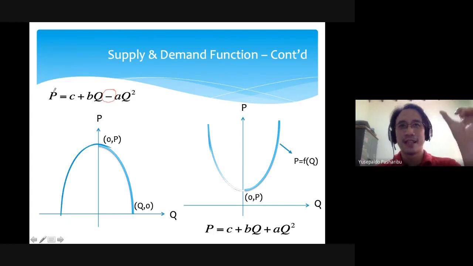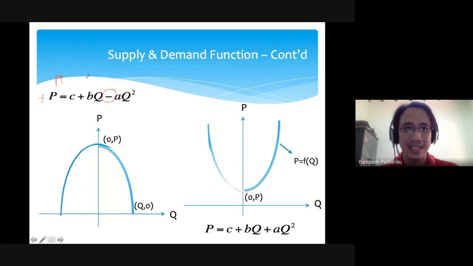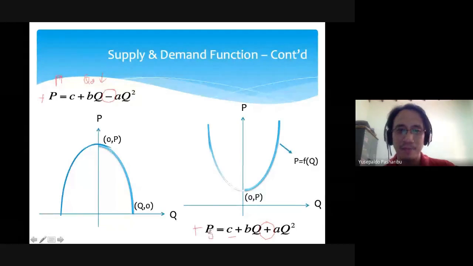If the signs are different, P is plus, Q is minus, then it must be demand. Why? Because if the price increases, then the quantity demanded will decrease. If it is plus and plus, then it must be supply. This must be PS. This must be PD, demand.